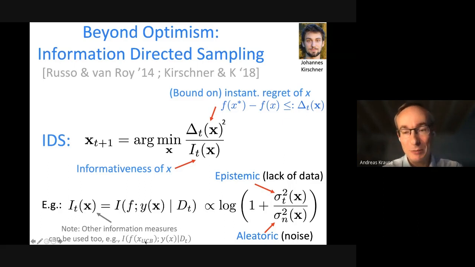So it's not at the optimal action, but at the action that might be plausibly optimal. That captures a similar effect, but it's very efficient to compute. It's all just Gaussian conditional information, so there are no approximations needed.